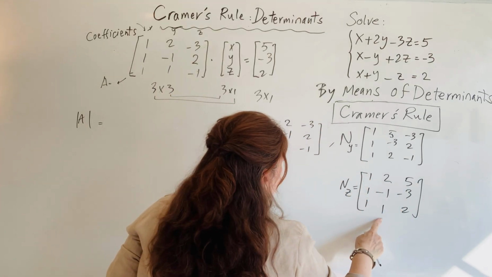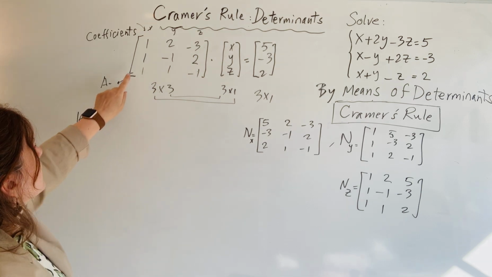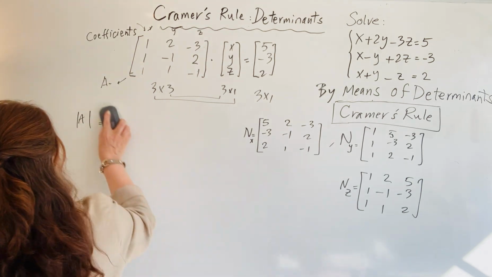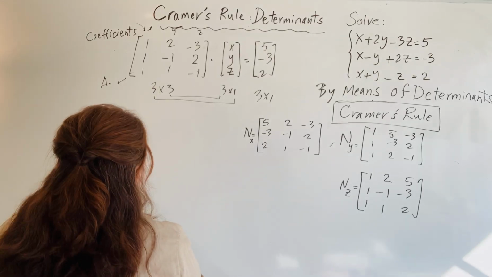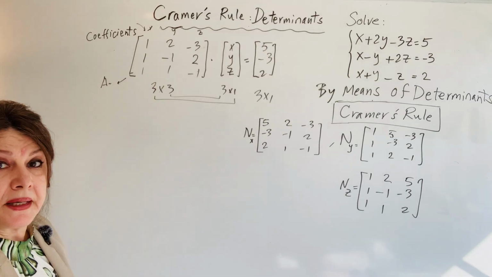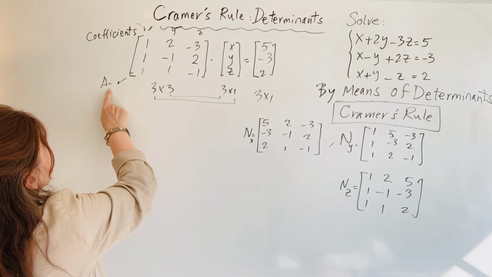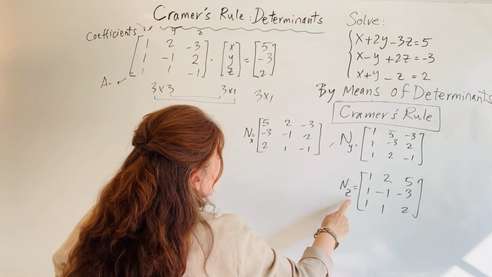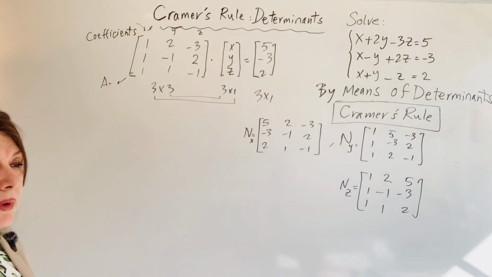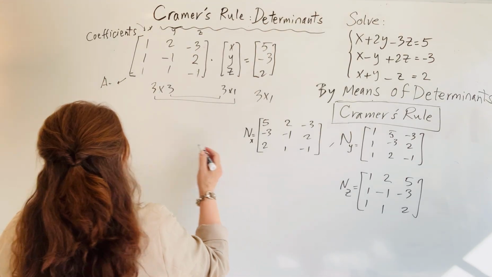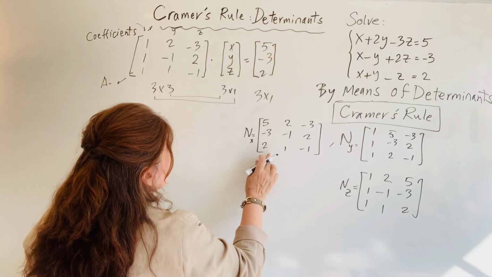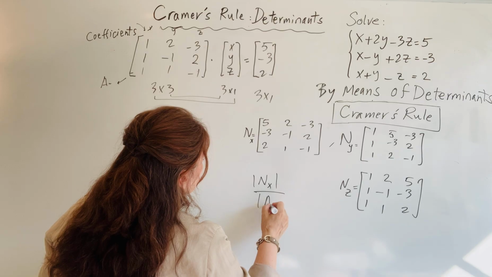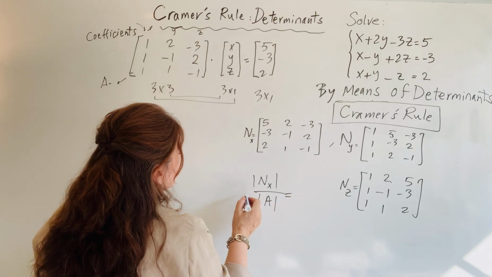So there are three matrices here, plus the one for the coefficients. We need to find the determinant of each. The determinant of N of x over the determinant of A gets x.